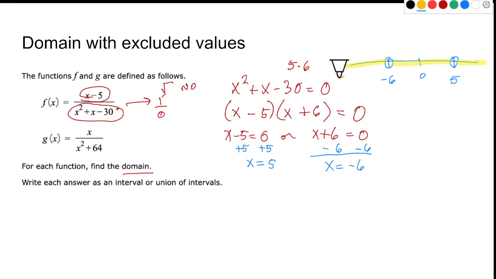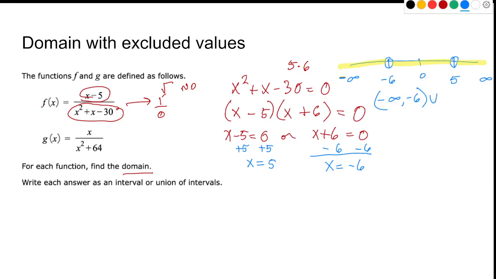And what we have, if we went all the way down here, we're going to have negative infinity here, positive infinity here. And so what we see is we go from negative infinity to negative 6. Those are numbers we can use. We can't use negative 6, so that's why we use a soft bracket, an open bracket, parentheses, not a bracket, but a parentheses. And then we've got this group of numbers when we get to the right side of negative 6, the other side, all the way to 5.